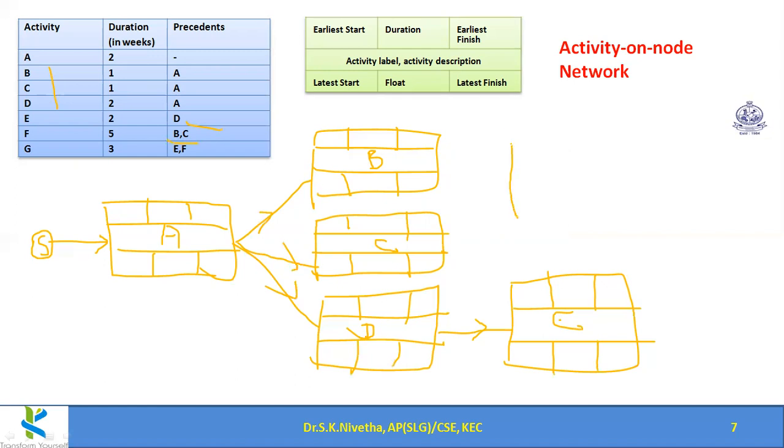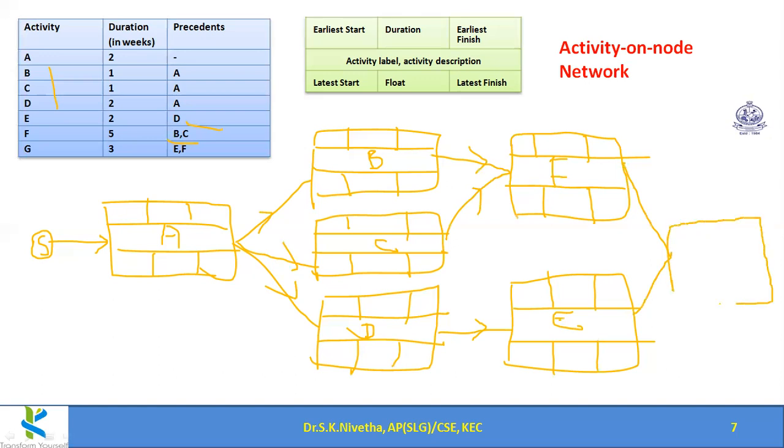So here I am starting F. So B and C both should be completed to start F. When E and F are completed, I can start G. So here I am drawing G. When G is over, then complete project is over.